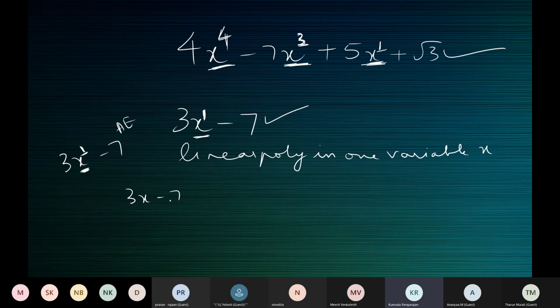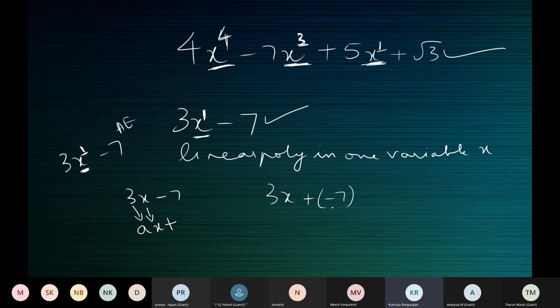But you can give so many examples like this. So how do you generalize an example? To generalize, this number 3 can be represented by a. x is the variable, so that will come as it is. The sign can be plus or minus, so in general, we say plus. So you can write 3x minus 7 as 3x plus of minus 7.